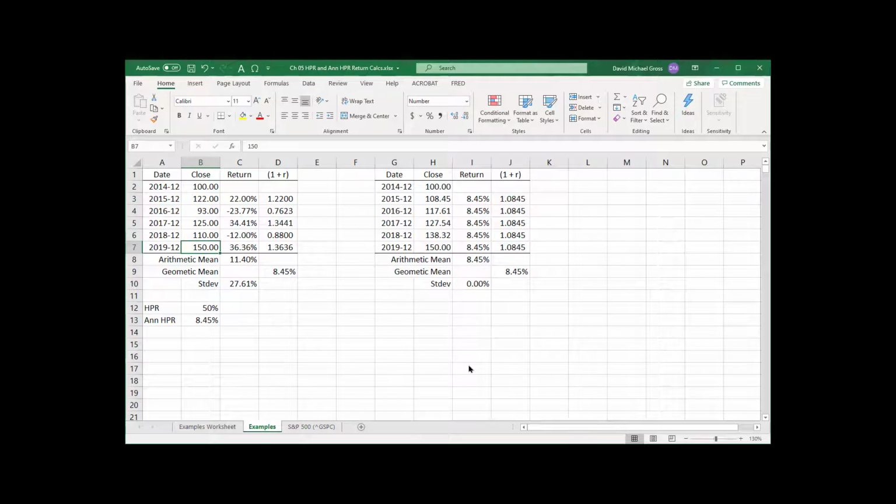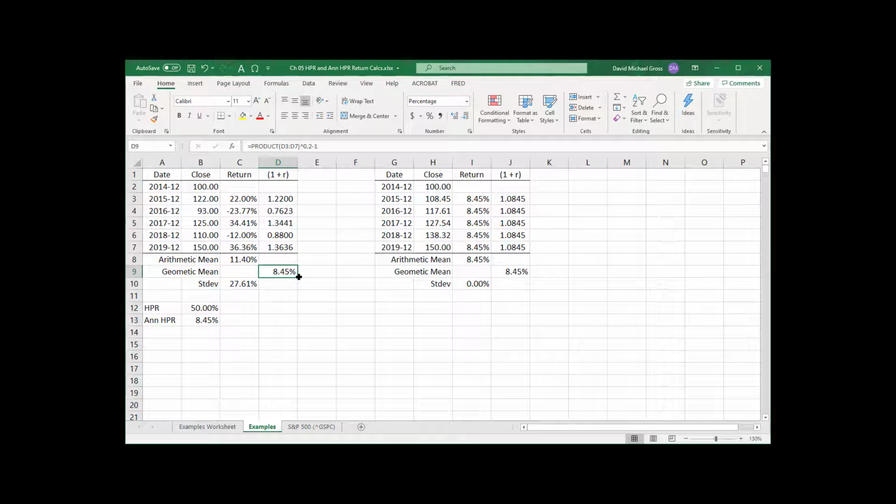I know that the cumulative total return was this 50%, but given these different returns, the 22, the negative 23, the 34, the negative 12, and the 36, I know that my arithmetic average is 11.4, but my geometric average was the 8.45. And again, I can see that if I earned 8.45 in every year, that would bring me from the 100 to the 150. And so my arithmetic mean is 11.4, but my geometric mean is the 8.45.